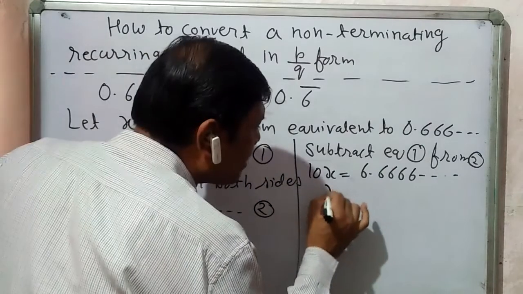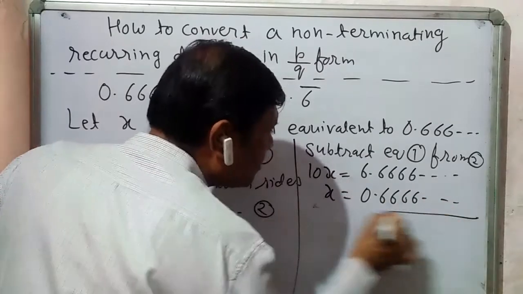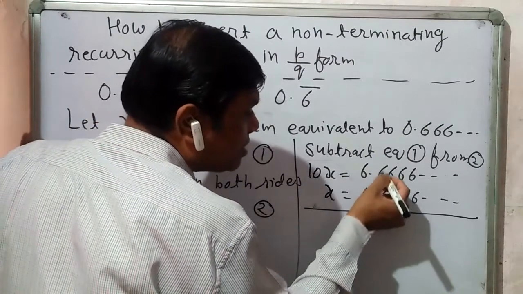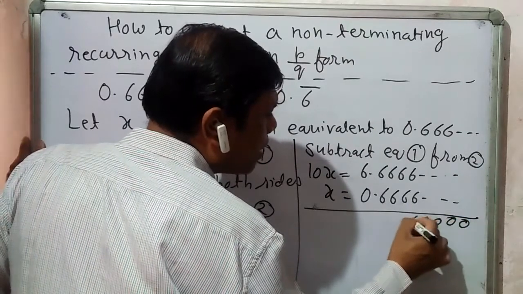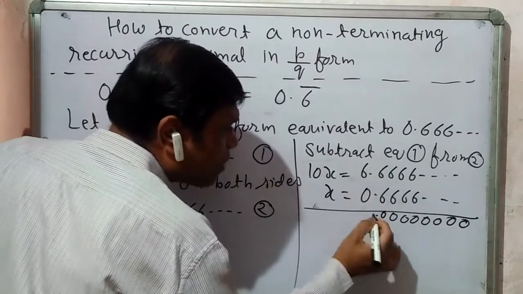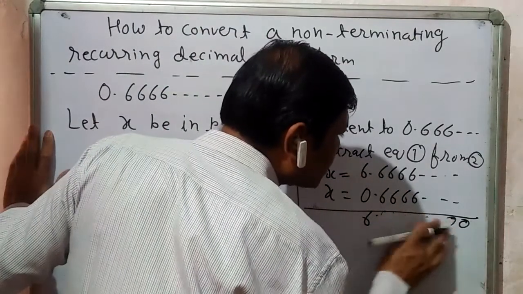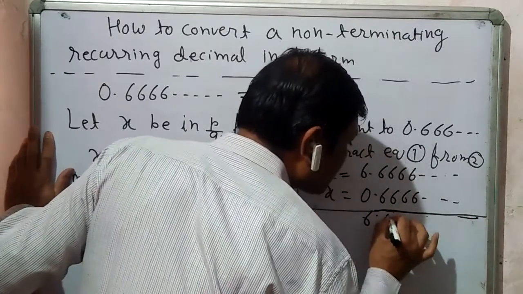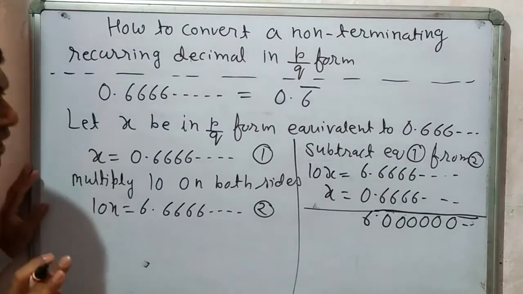At the bottom we'll write the first equation: x equals 0.666 repeated many times. When we subtract the right hand side, all these infinitely repeated 6's become 0 after the decimal place. Before the decimal place, 6 minus 0 is 6. So all these repeated 6's, because they are infinite in number, will all subtract out to become 0.